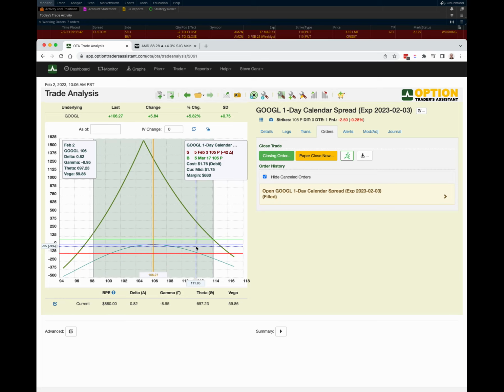But that's part of the purpose of the deep dive class that I'll be doing on calendars, to teach everyone how to manage these trades if they don't go exactly the way you expected.